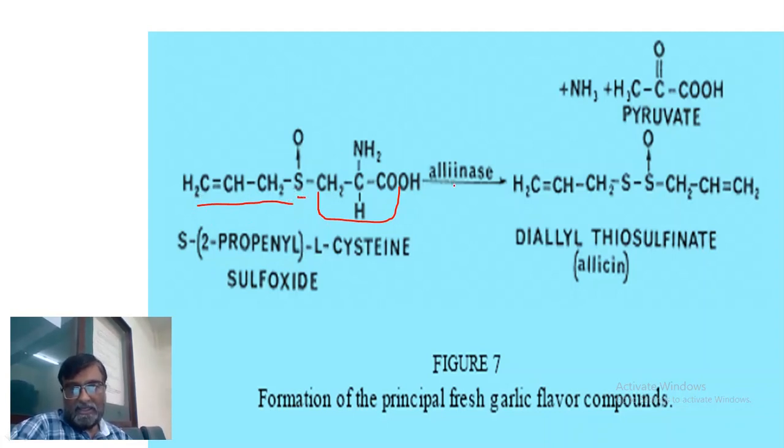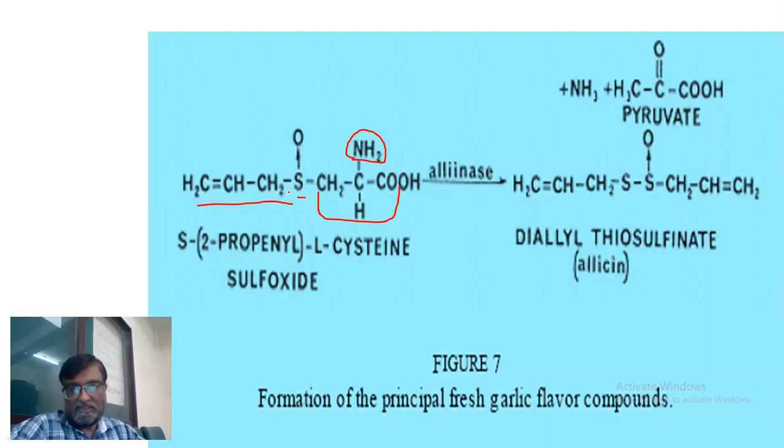Again, the alliinase enzyme is acting on it, separating the nitrogenous part, separating this L-cysteine part, but now that is combining with some part of the other propenyl L-cysteine sulfoxide.